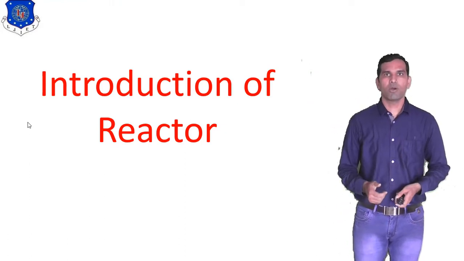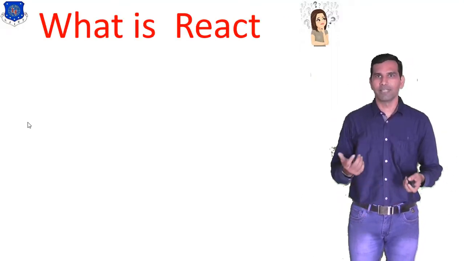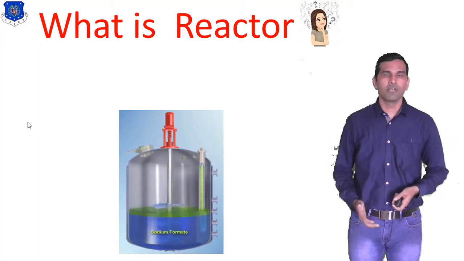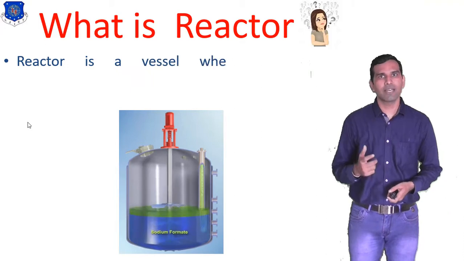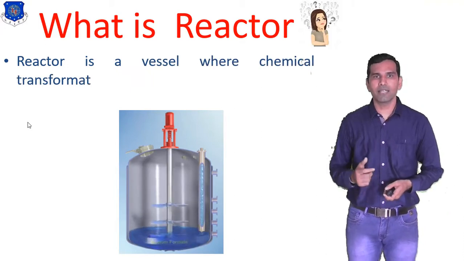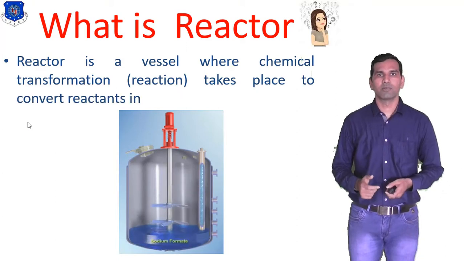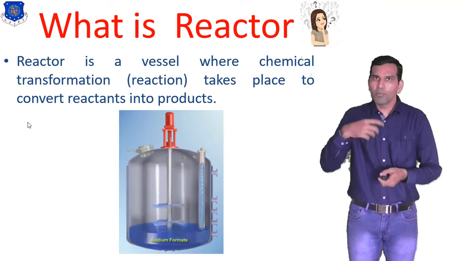So first of all, one question comes to our mind: what is a reactor? The definition of a reactor is, a reactor is a vessel where chemical transformation takes place to convert reactant into product.